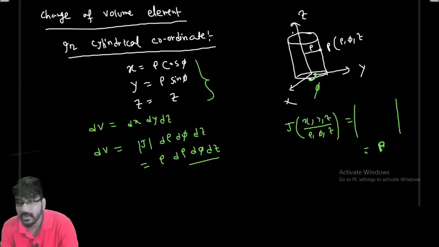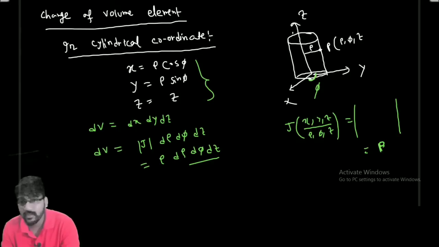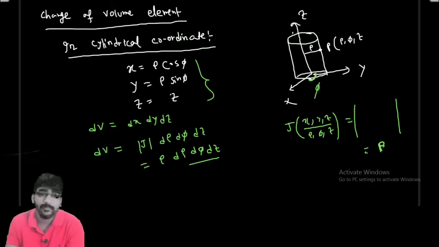So don't worry if you don't know them. If you know them, it is very easy. For now I just want to see what the relations actually are, and these are very easy.